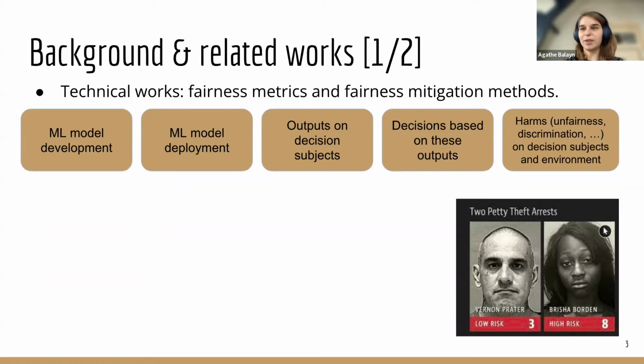And this system was accused of being racist using different fairness metrics, with contestation over which metric is actually important to say that it would be racist and which one is not. And that leads to the technical works that are done on the topic.